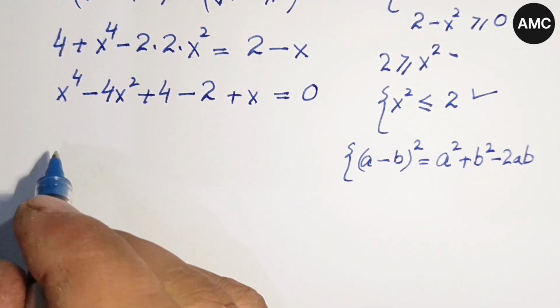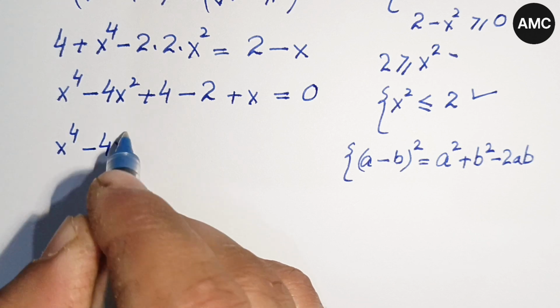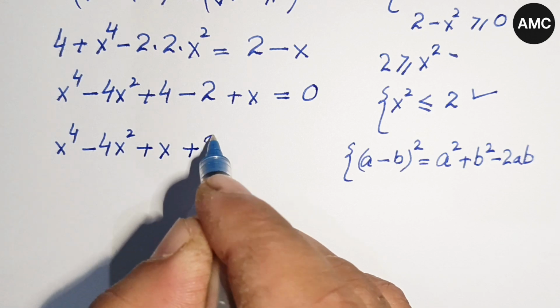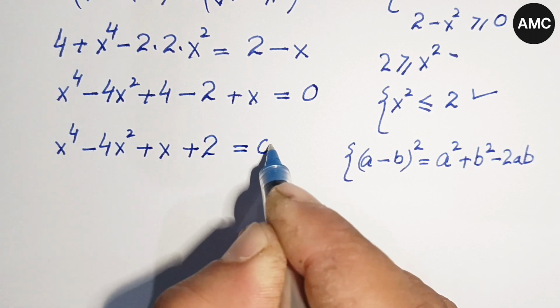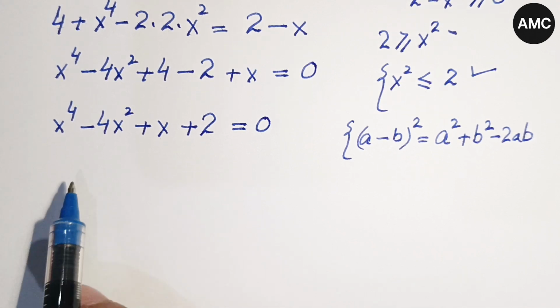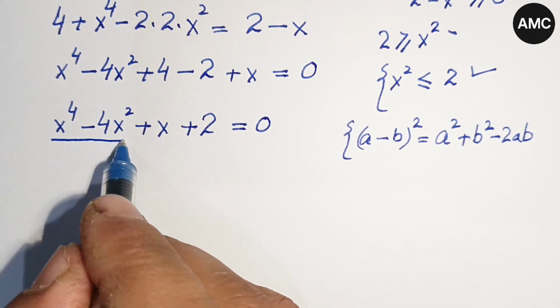Now x to the power 4 minus 4x squared plus x plus 4 minus 2, so we get plus 2, is equal to 0.